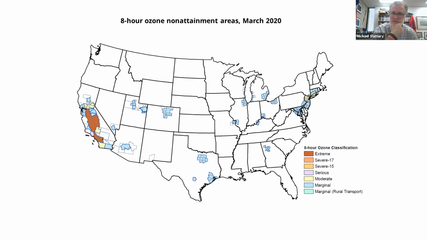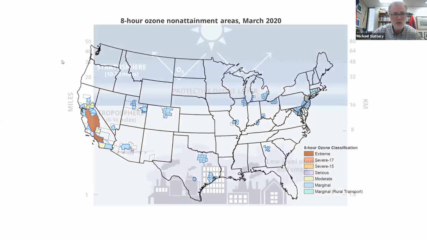These are the counties that struggle with ozone. Nolan's in great shape in Tampa, no real issues there with ozone. The 9 counties here in the Metroplex and the 12 counties down in the greater Houston-Brazoria area all struggle with ozone. California even more.